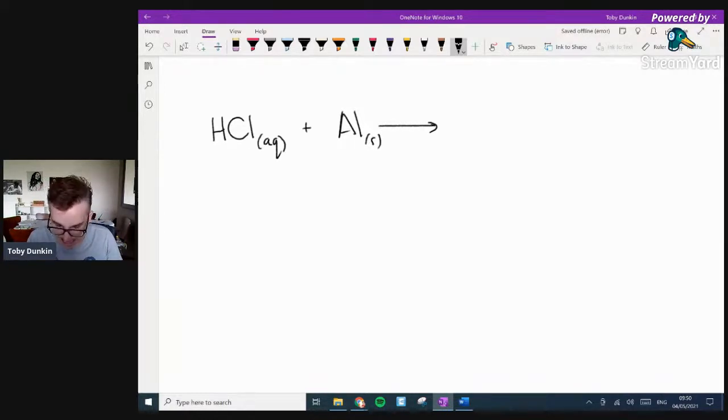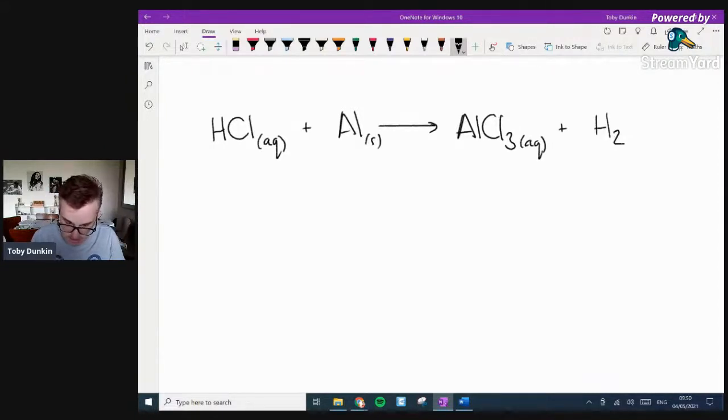I'm going to get aluminium chloride, aqueous, and hydrogen gas. Balance the equation. Common denominator 2, and then 6, and then 2, and then 3. There we go. I think that all adds up. 6 hydrogens, 6 hydrogens, 6 chlorides, 6 chlorides, 2 aluminiums, 2 aluminiums, all good. And then add a gas in there.